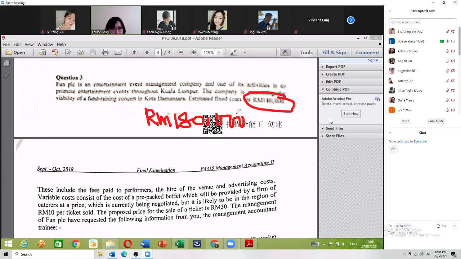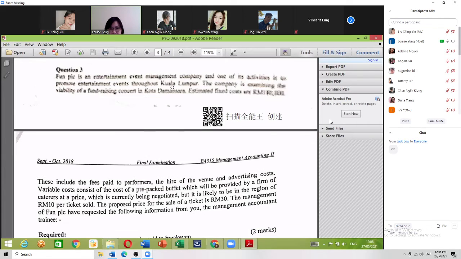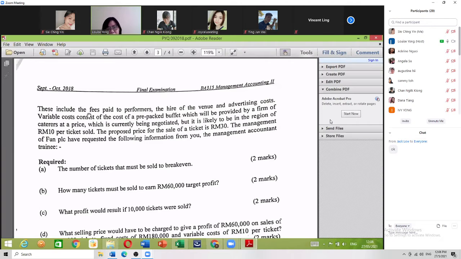Okay, and then next paragraph. This includes the fixed pay to performers, hiring your venue and your advertising costs.